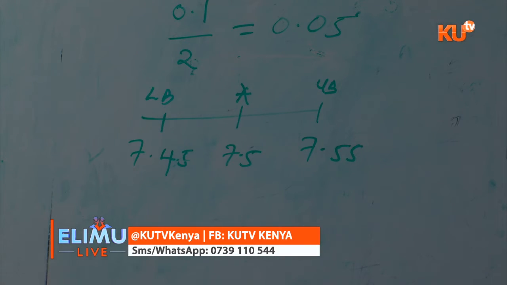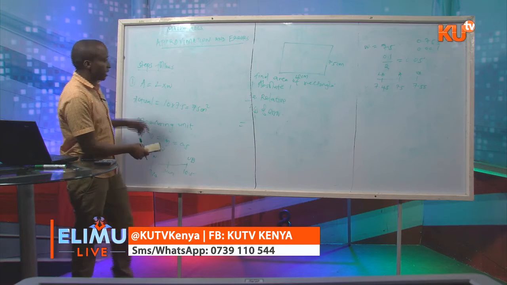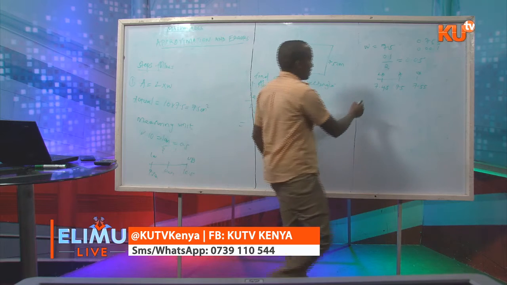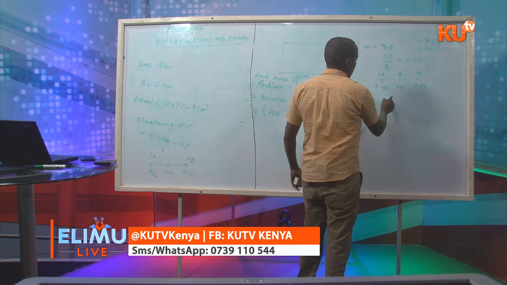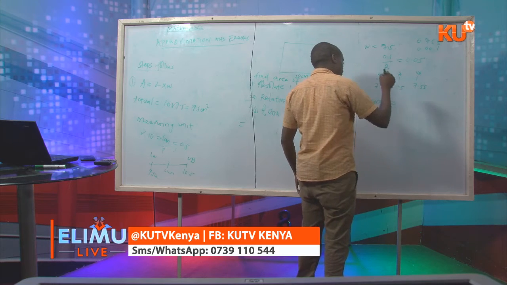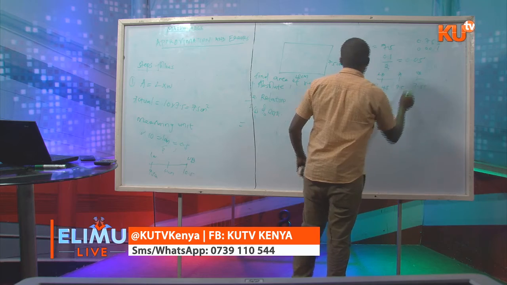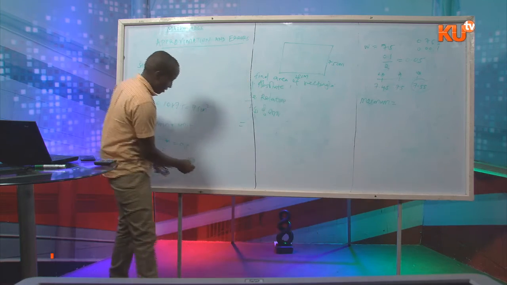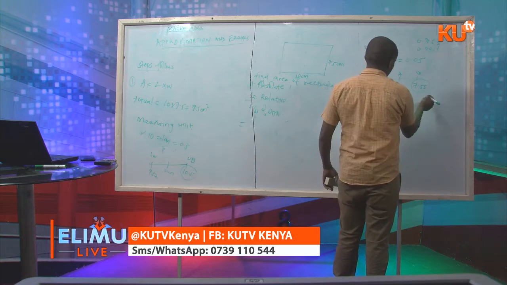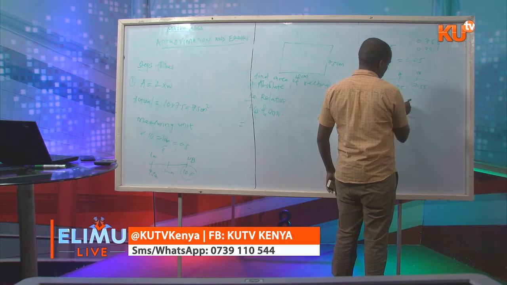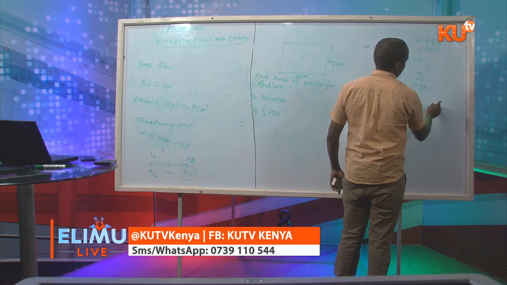So now you are able to find the area. We already have the actual area. Now you find the maximum area. The maximum area is given by the upper bound measurements. The upper bound for this one is 7.55, and the upper bound for our other measurement is 10.5. Because the area is width times length, it will be 10.5 multiplied by 7.55.